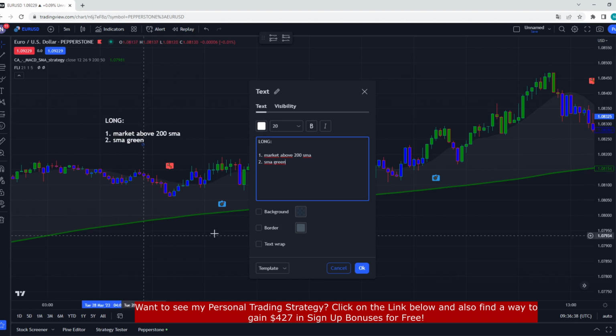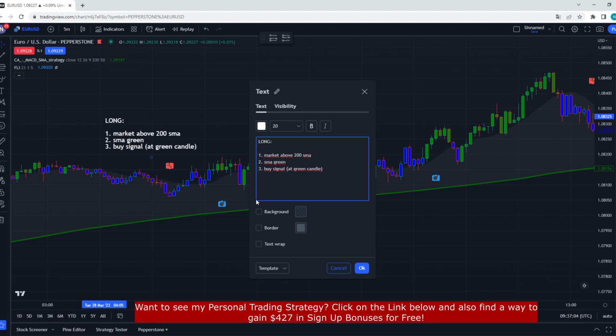So our market is above our green line. If this condition is met, then third, we are waiting for a buy signal like this one over here or this one over here. And it is very important that the buy signal comes with a green candle.